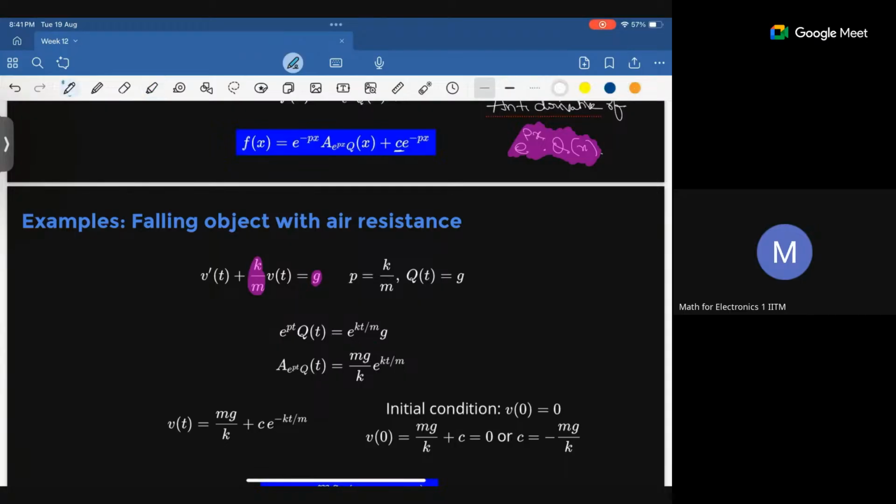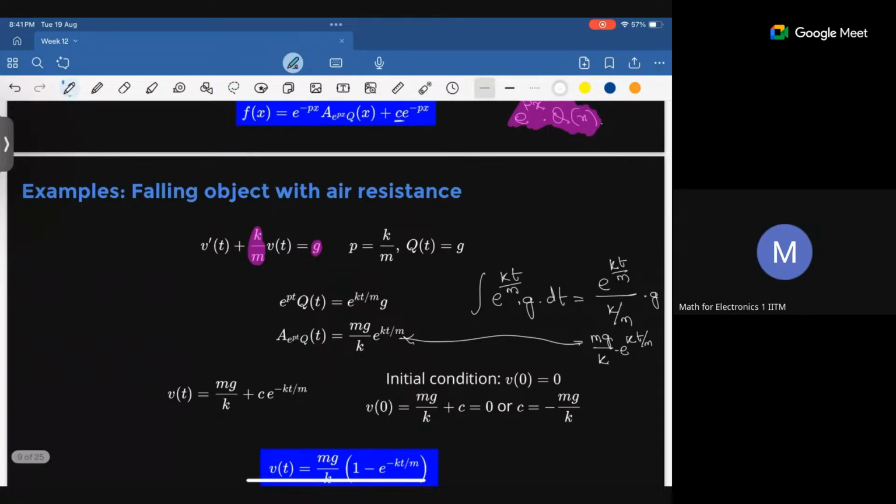So if I integrate e power kt by m into g dt, you can pull out g, and the integral of e power kt by m is nothing but e power kt by m whole divided by k by m, with g outside, plus some constant c. We are ignoring that for now, and this m goes to the numerator, so it will just be mg by k into e power kt by m. So that will be the antiderivative.